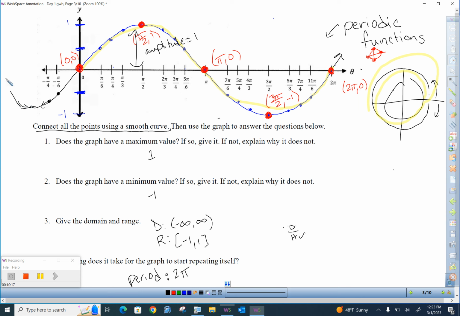If you extend this over, we know it'd do something like this, and from this minimum point all the way to this minimum point, that measurement represents your period. So either from min to min or max to max, and I'll add that here.